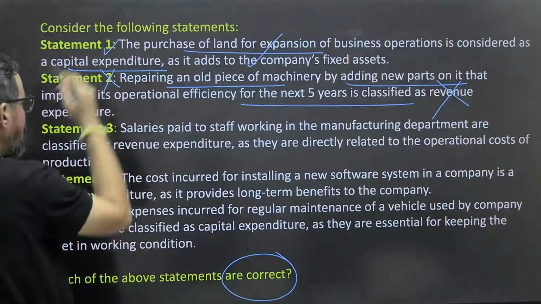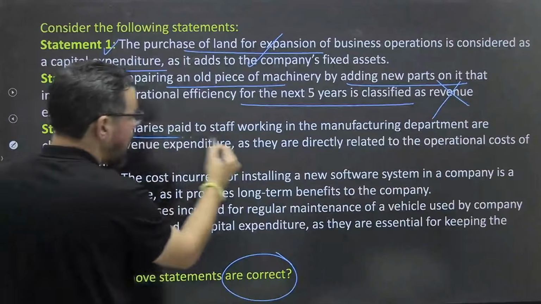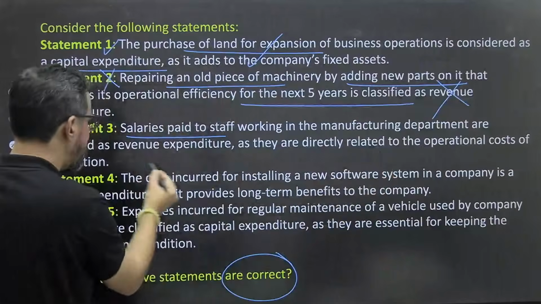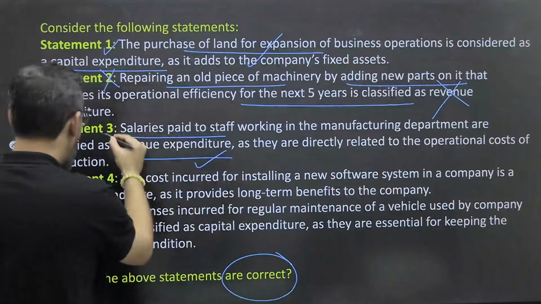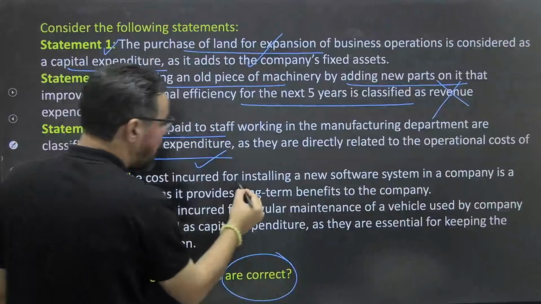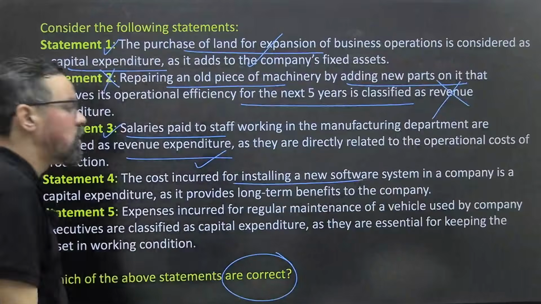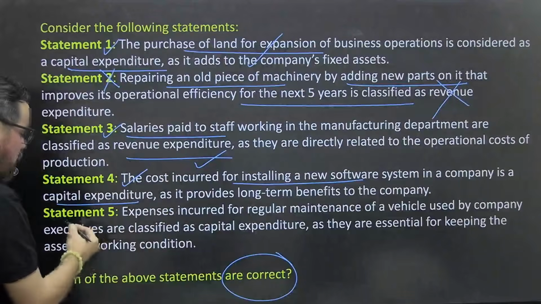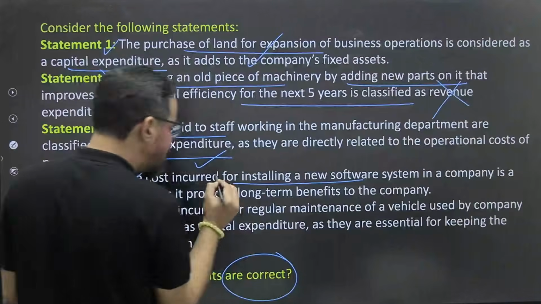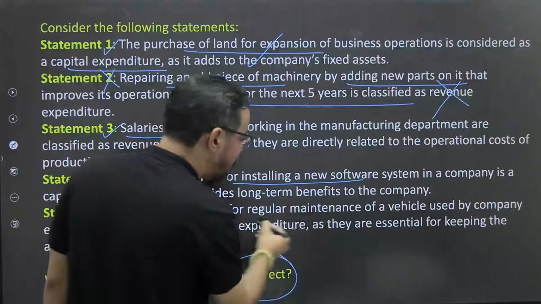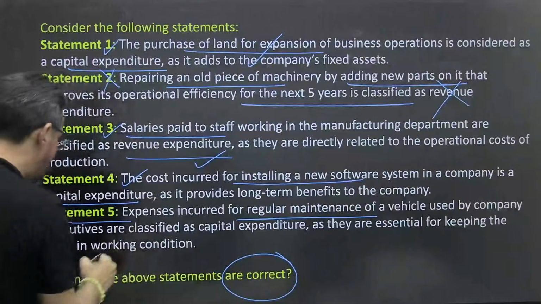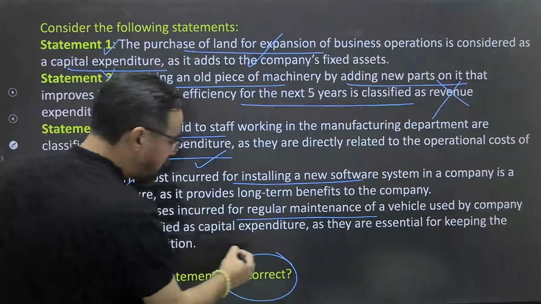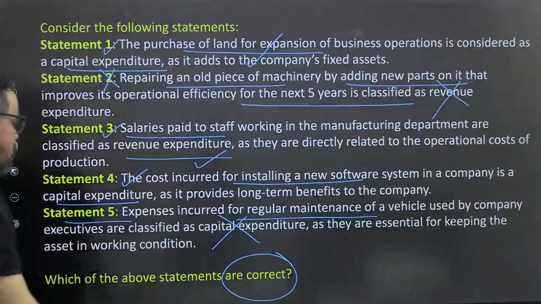This is true. Salaries paid is a revenue expenditure, 100% true. Then we have fourth one, cost incurred for installing a new software system in a company, capital expenditure, true. Statement 5, expenses incurred for regular maintenance of a vehicle, it is revenue expenditure. So this is wrong as stated.